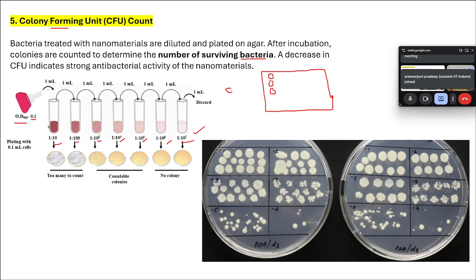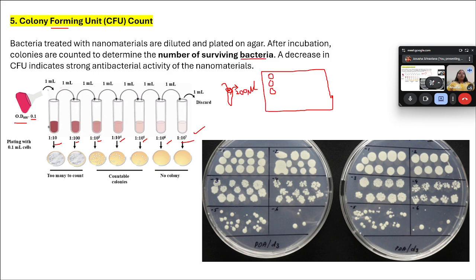Suppose I have a bacterial suspension of 0.1, and I have added my nanoparticles. I work in photothermal therapy, so suppose I have done all the treatment. Now I have the treated bacterial suspension, and I want to see how much viability is still there. Now I'll simply take some of it.